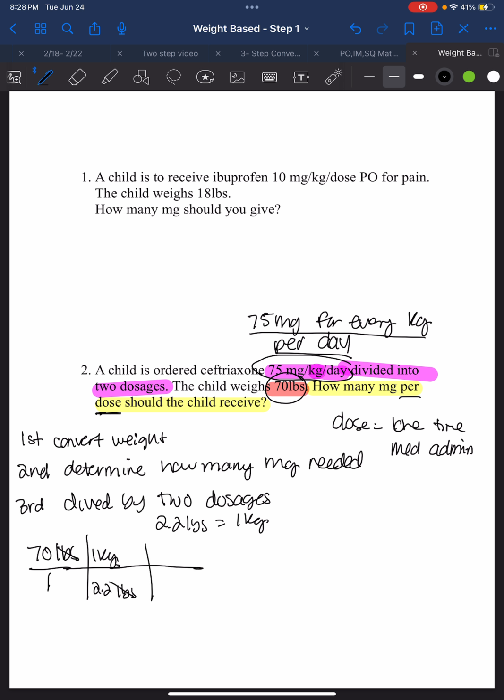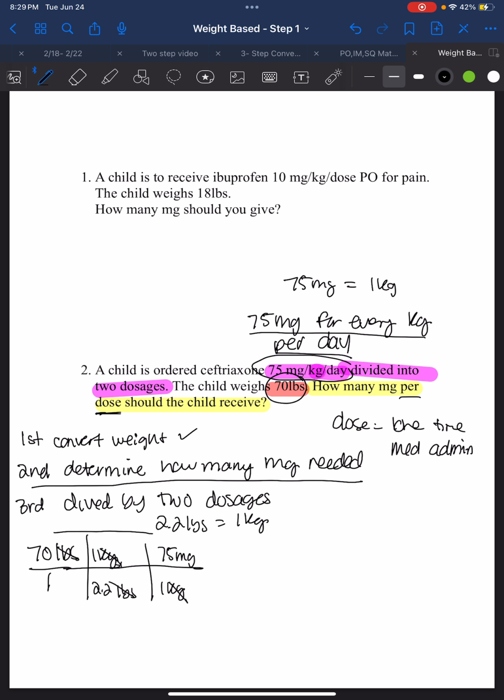Now we need to determine how many milligrams we need. The only place milligrams is talked about is here, and it's 75 milligrams per kilogram. That's our conversion. So we're going to put 1 kilogram at the bottom and 75 milligrams at the top because we're trying to get to milligrams and cancel kilograms out.